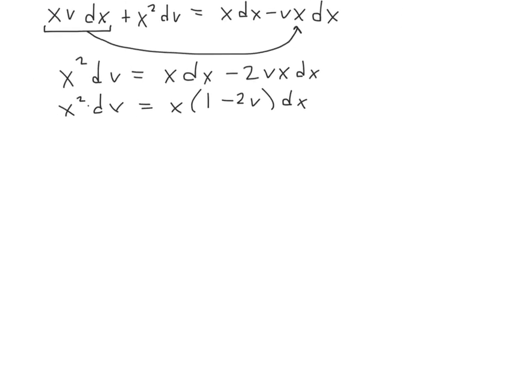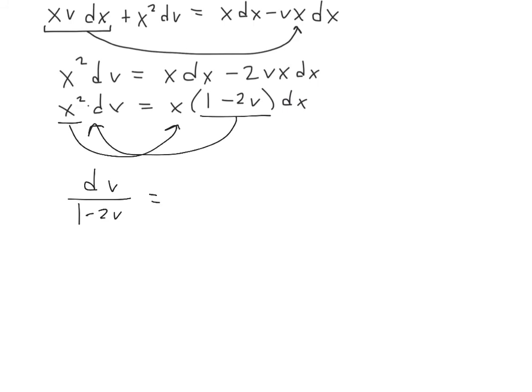Now that I've done all of that, I can divide over the things that are on the wrong side. So I'm going to move this 1 minus 2v over, and I'm going to move this x squared over. So I'll now have dv over 1 minus 2v, and on the right side I'll have x over x squared dx. Okay. Now that I've separated, I can integrate both sides.